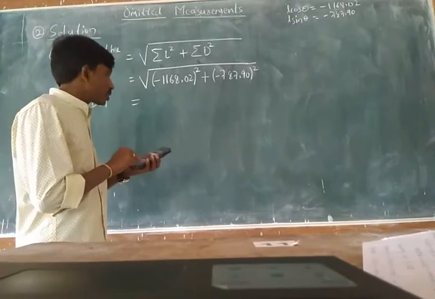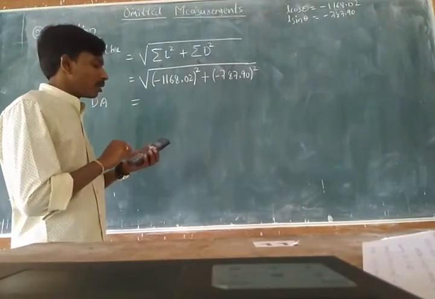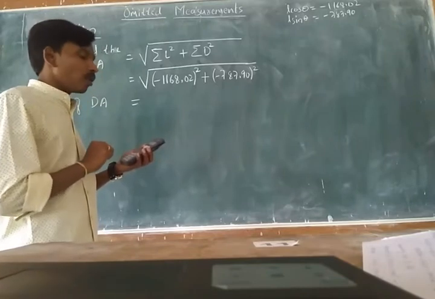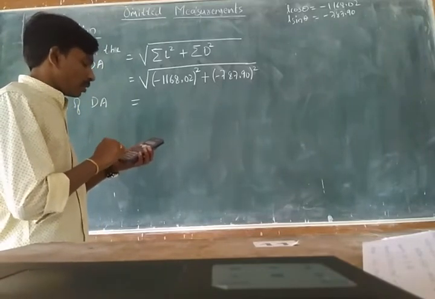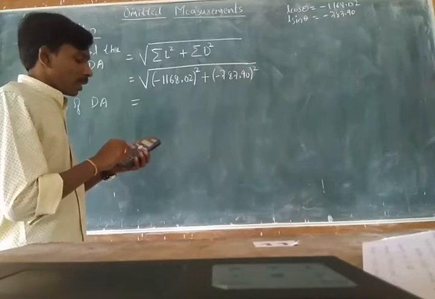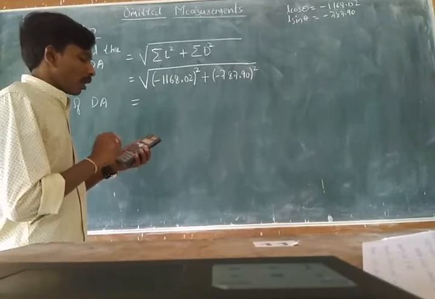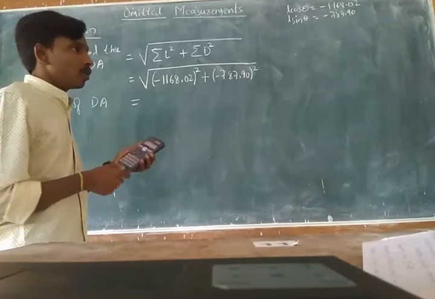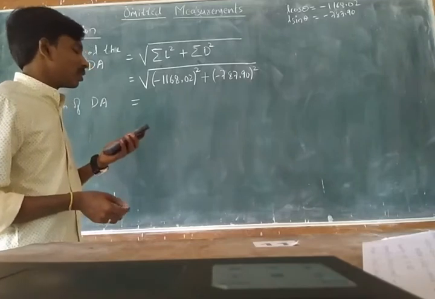Minus 1168.02, close the bracket and then hit the square button, then plus, again open the bracket. Now minus 787.90, close the bracket, hit the square button, then close the bracket. Now calculate the answer.